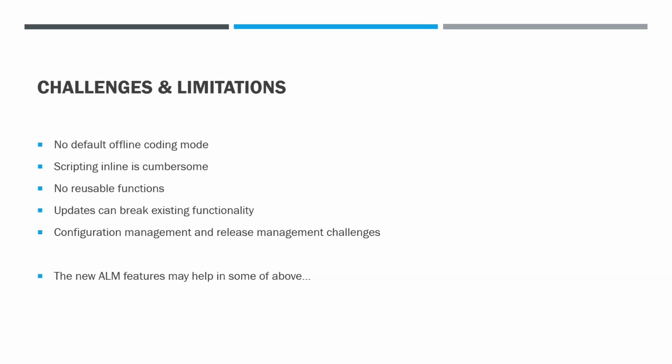But that happens with almost all the development environments where you modify your operating system version or patch or service pack, etc. One last thing that is a challenge is configuration management and release management. So Microsoft Power Apps keeps track of its revisions.